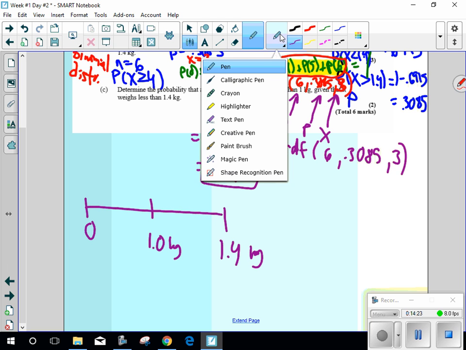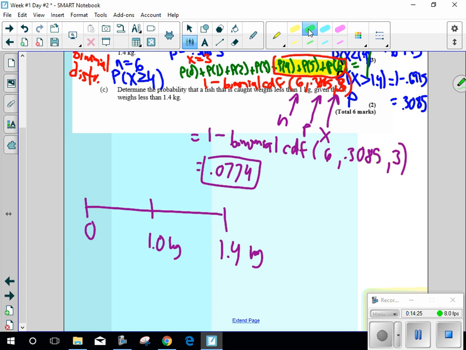Here are the kilograms. And here's 1. And here's 1.4. Can you kind of see what's the intersection? Less than 1.4 or less than 1? This is the intersection, isn't it?